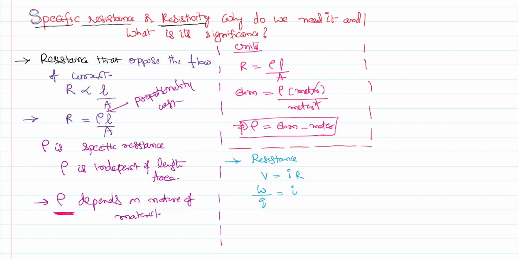I is ampere, which is a fundamental unit in the SI system. I need not find it out. For resistance, we have to find out. Further, we can write Q as I T, because I equals Q by T. So R equals V by I, and for V we have the formula of work done over charge.